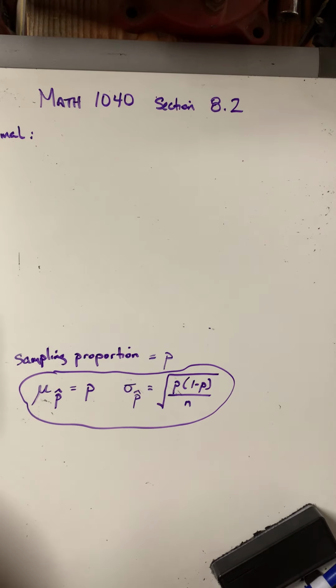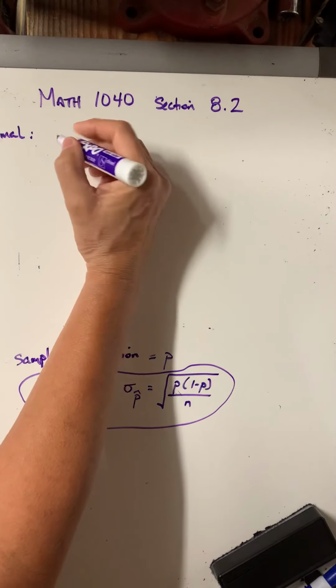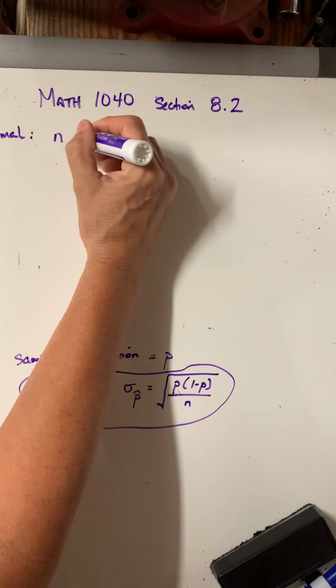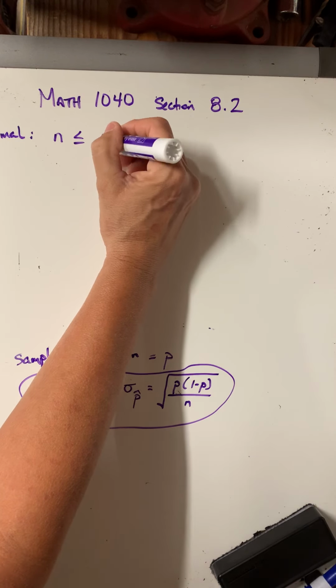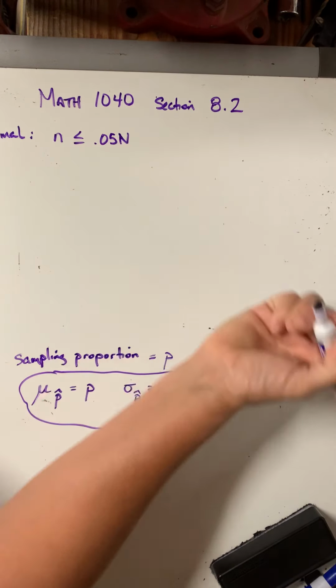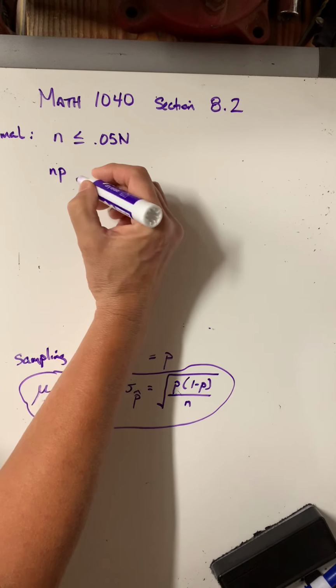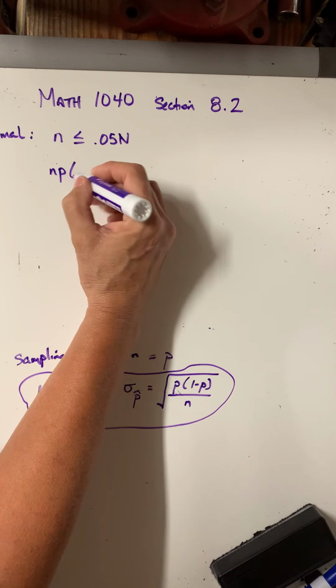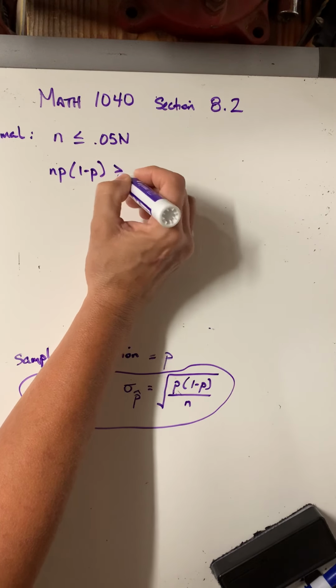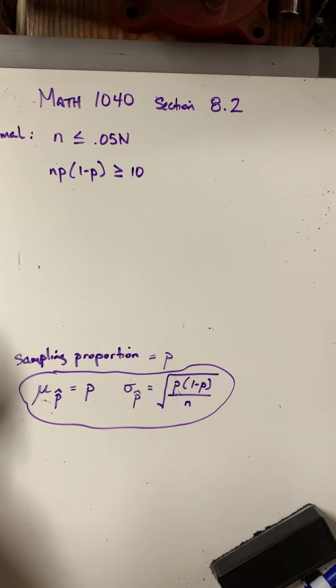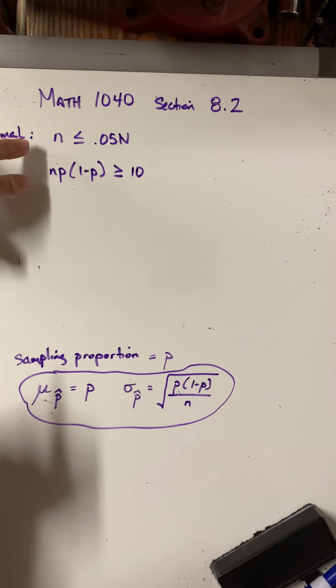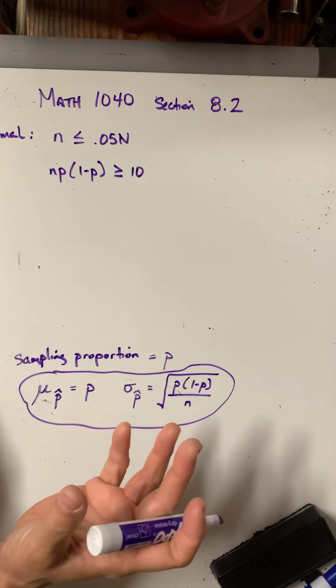How about for this one? For this one, there are also 2 checks. The first check is little n is less than or equal to 0.05 times big N. And then the second one is n times p times 1 minus p is greater than or equal to 10.